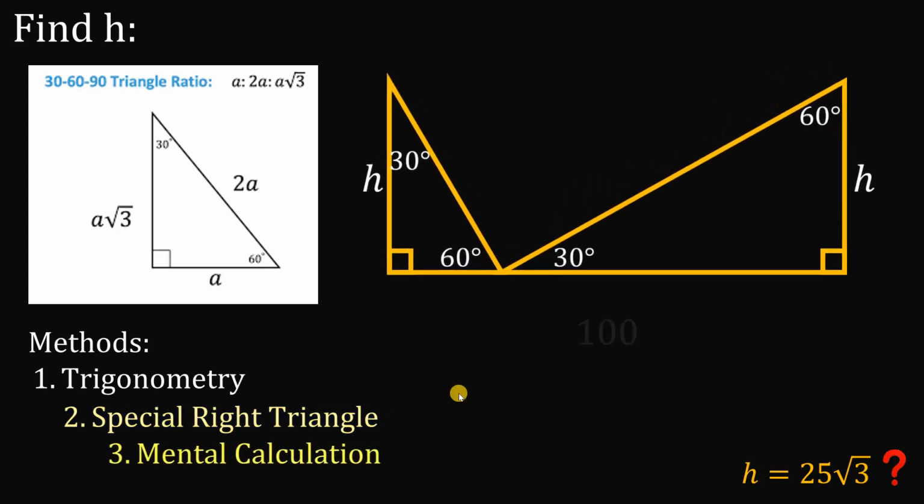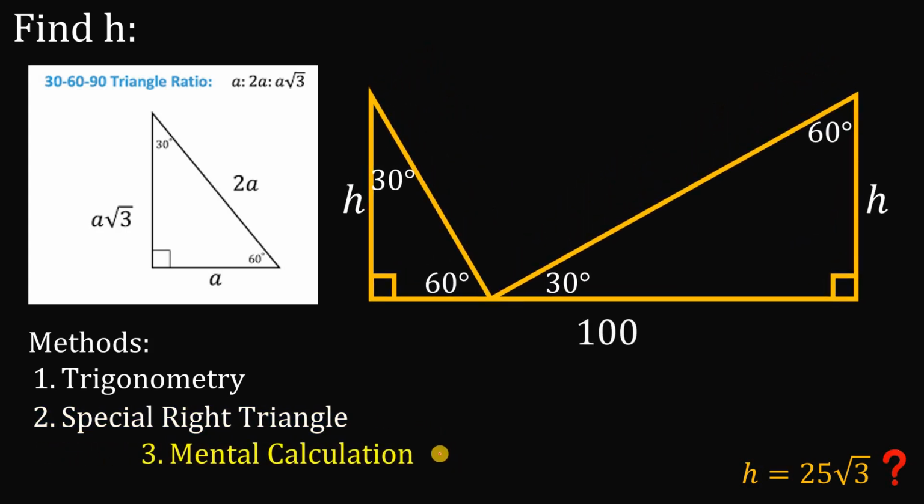Now, how about the third method, which is mental calculation? But again, through the use of this 30, 60, 90 right triangle. To answer this using mental calculation, imagine that this is a whole rectangle. And imagine also, since it is a rectangle, this angle must be equal to 90 degrees.